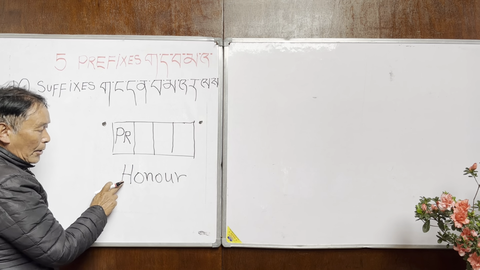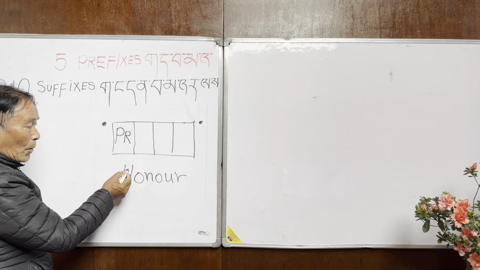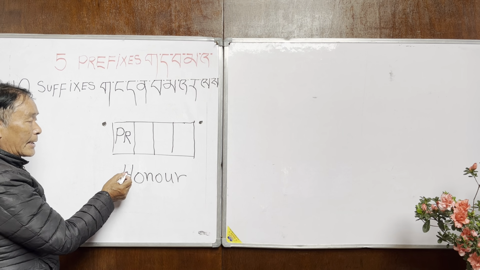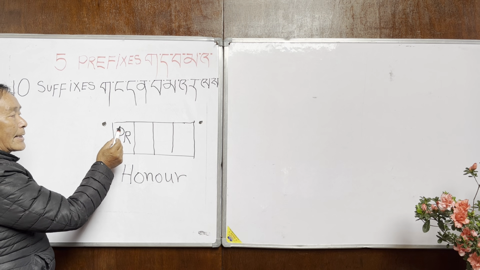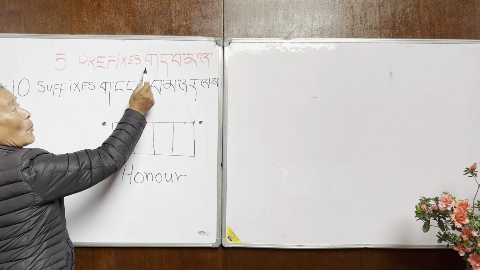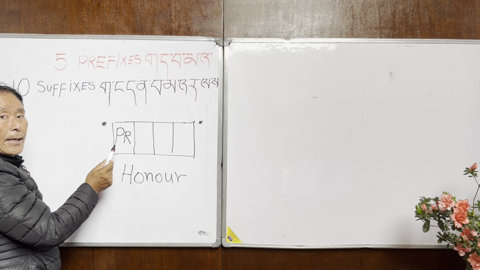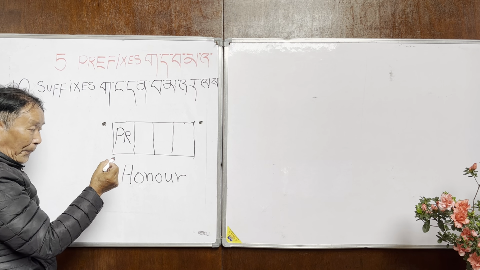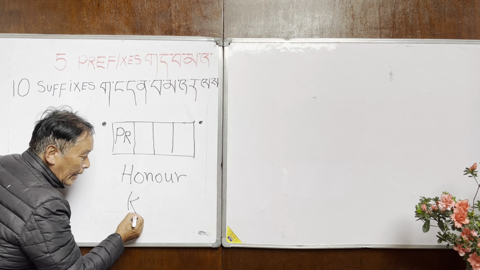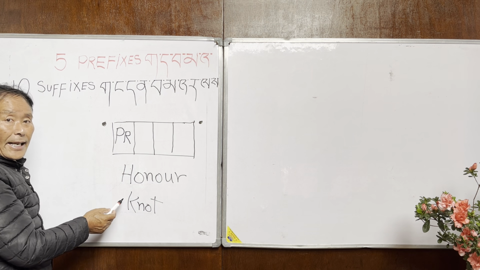H-O-N-O-U-R: you don't say it with an H sound, so H is silent. Similarly, the letter in front, if it is one of these 5, will be silent. Like K-M-O-T. You don't pronounce K.